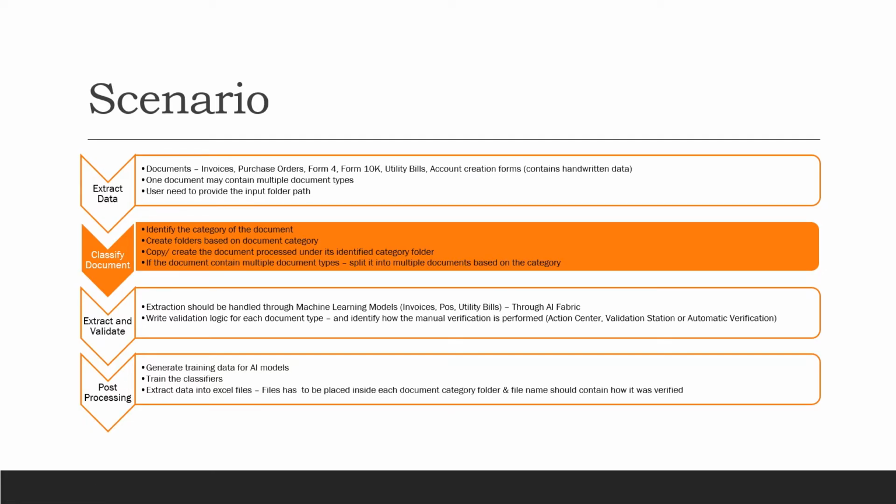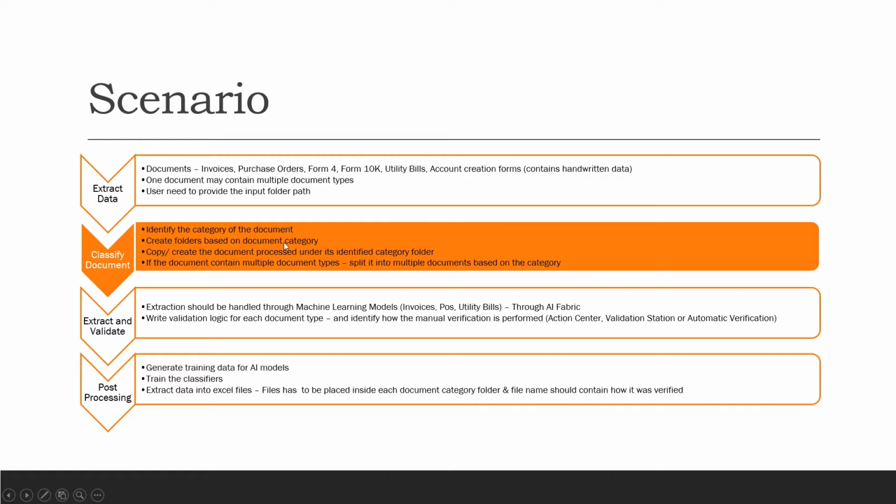If you remember our scenario, once we identify the document that we need to process, we need to understand what sort of document it is. For example, we should know whether it's an invoice, whether it's a purchase order, and so on.